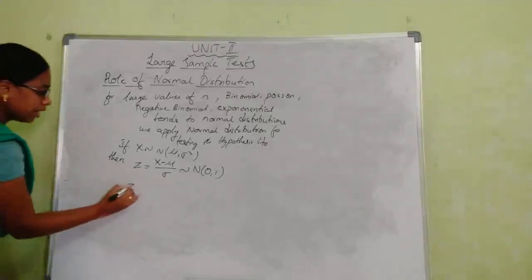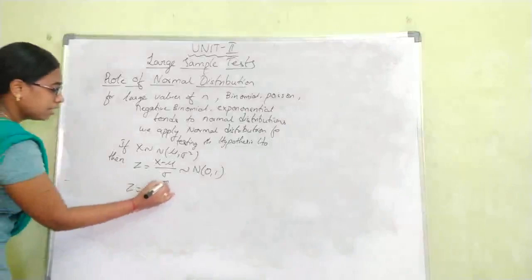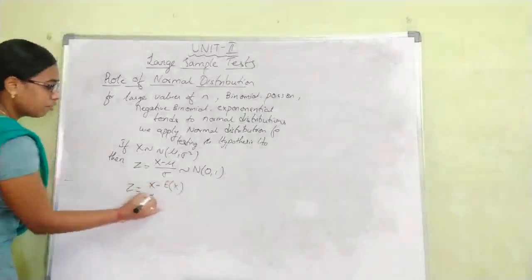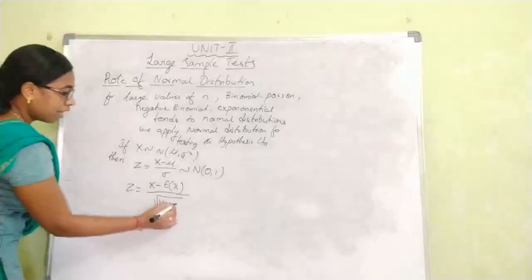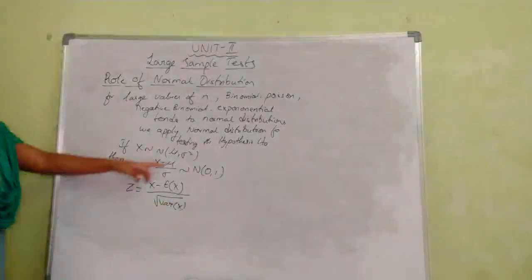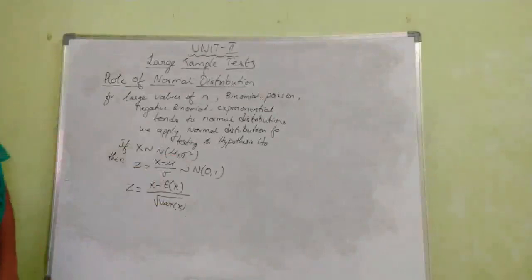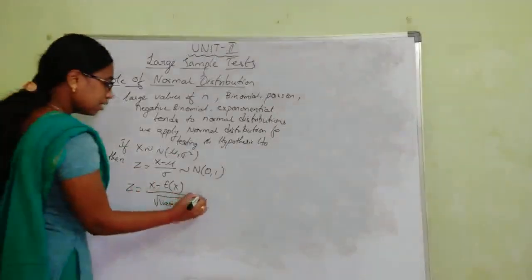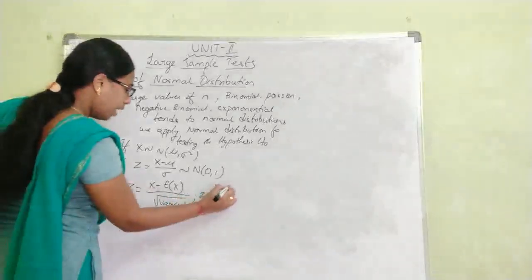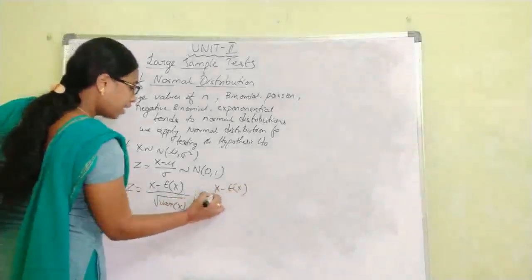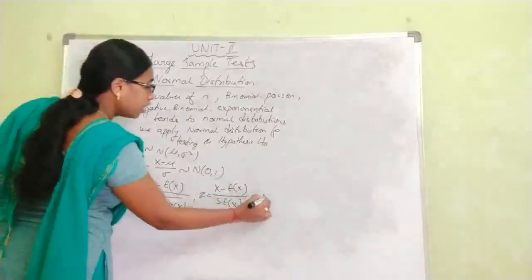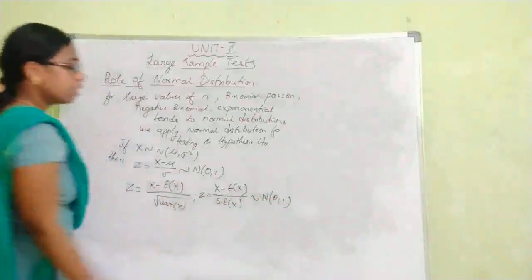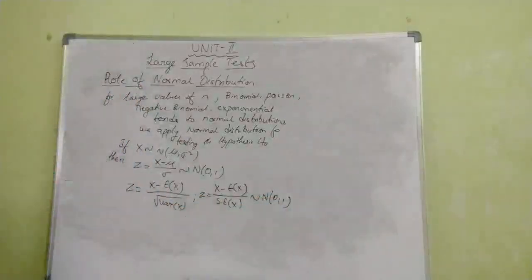So this can be written as Z equals x minus expectation of x, by root over variance of x. Variance is sigma square, root over variance means sigma. So Z equals x minus expectation of x by standard error of x follows the normal distribution with mean 0 and variance 1.